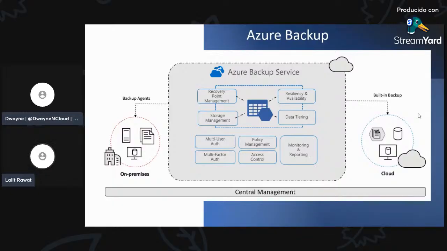So as and when you enable a backup for your on-premises VMs, or for your Azure VMs, an agent is installed on the on-premises VMs, or the built-in agent is used, and based on your Azure policies, it enables the backup for your data in terms of the various services, which are coming up in the next slides.